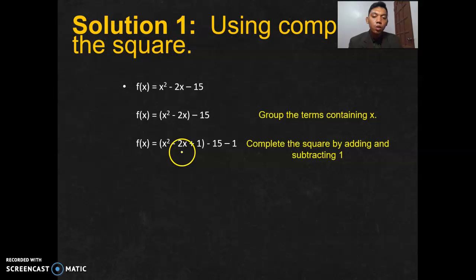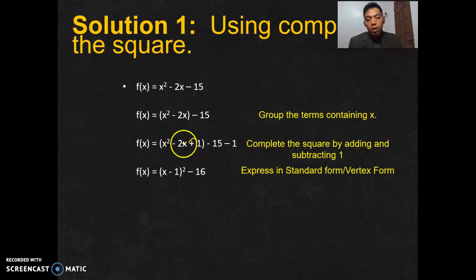So half of negative 2 is negative 1, and then squared, it's positive 1. So if you noticed here, I added 1 inside but subtracted 1 outside because the a here is also 1. So it won't matter because 1 times 1 is just 1, right?